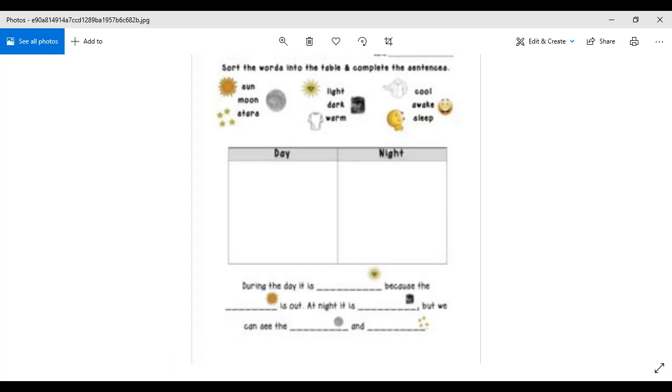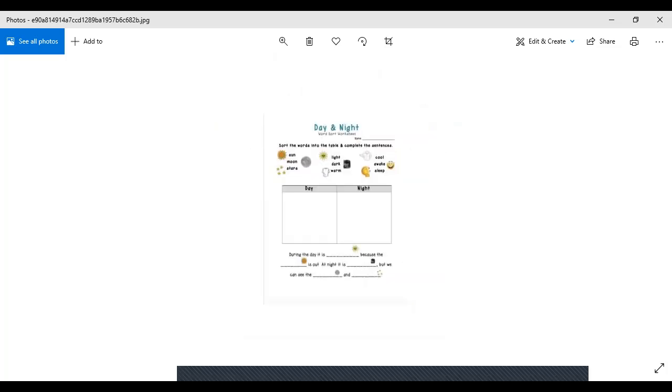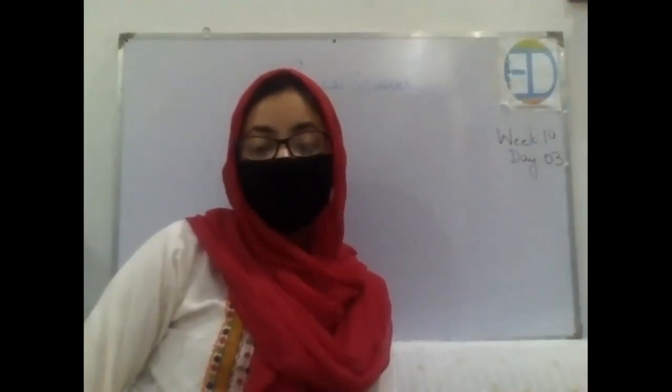Awake belongs to day or night? Daytime. Asleep belongs to night or day? Night. Warm belongs to day or night? Day. And stars belong to day or night? Nighttime. Wonderful. Okay, so these are the things which belong to daytime and nighttime, and these are the major distinctions.